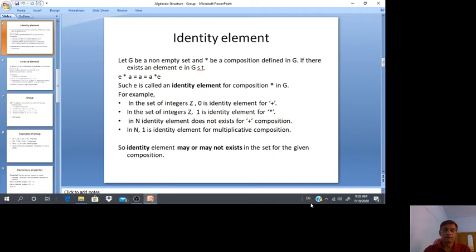But for the composition multiplication, we see that there exists a natural number 1 for which we have 1 star A is A and is the same as A star 1. So this is about the identity element. What we saw is that the identity element in a set may or may not exist.